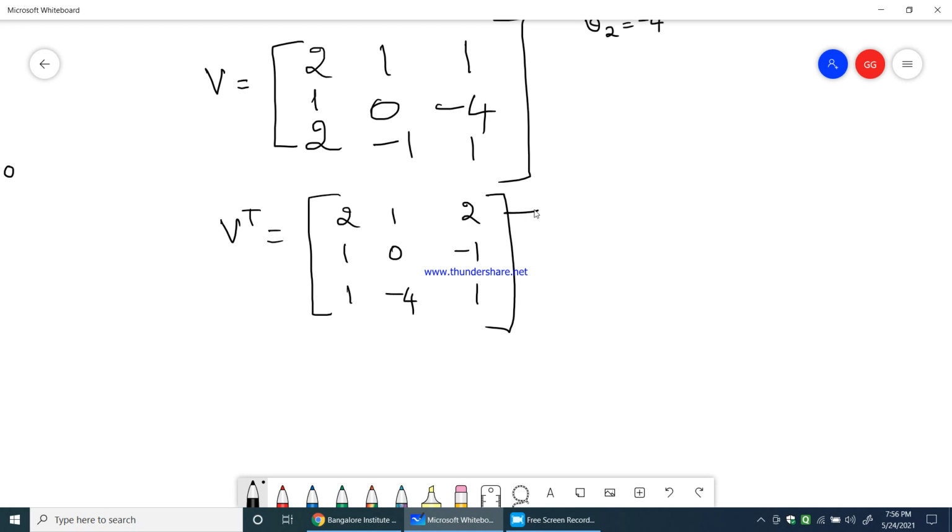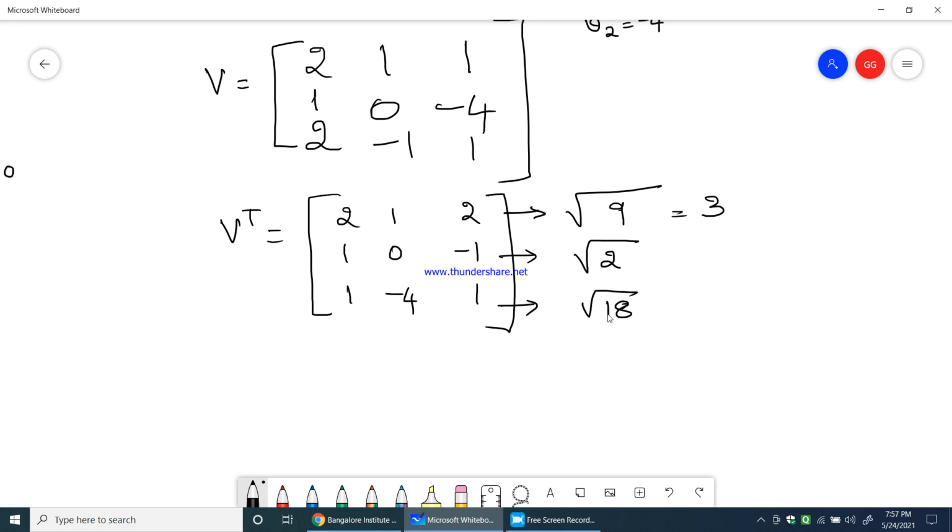So first one we get root of 2 squared is 4, 4 plus 4 is 8, 8 plus 1 is 9, which is equal to 3. Second one is square root of 1 square plus 1 square, so you get root 2. Third one we get is square root of 4 squared is 16, plus 1 plus 1, 18.